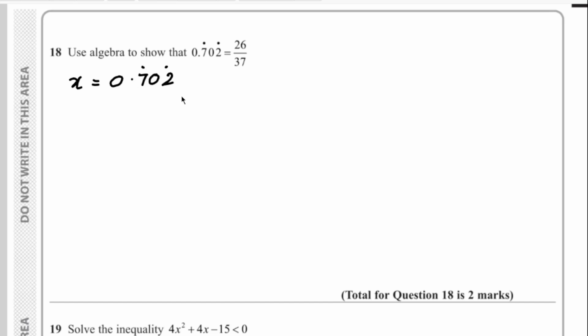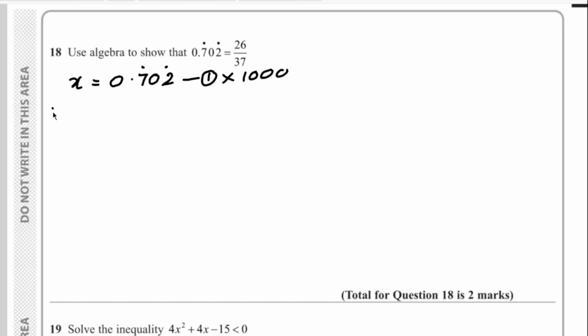Can you see there are 3 digits recurring? Therefore, I'm taking this as equation 1, and equation 1 is to be multiplied by 1000, as 3 digits are recurring here. I have to multiply by 1000 since 3 digits are repeated.